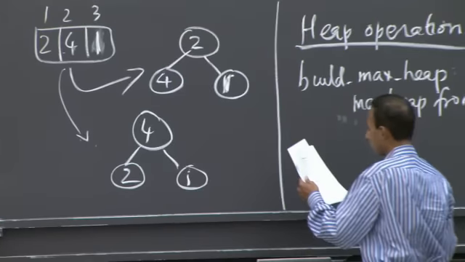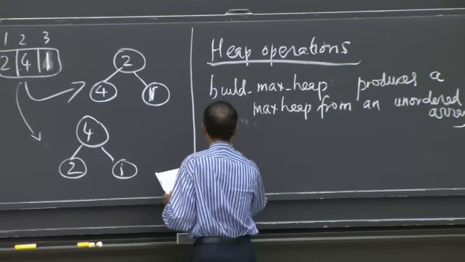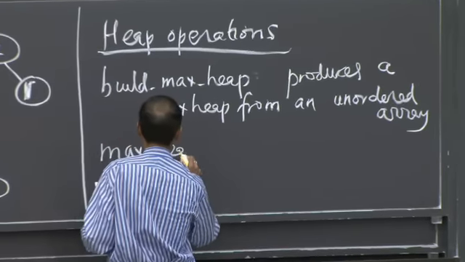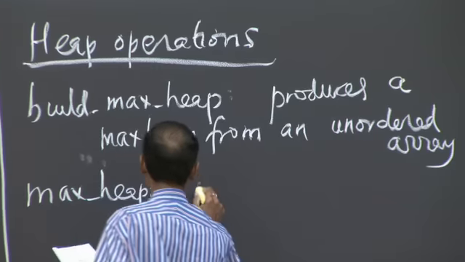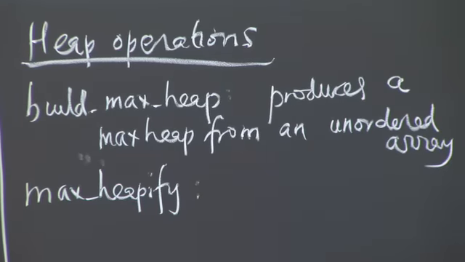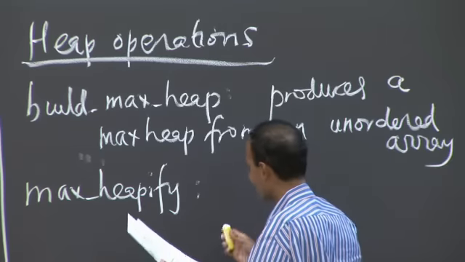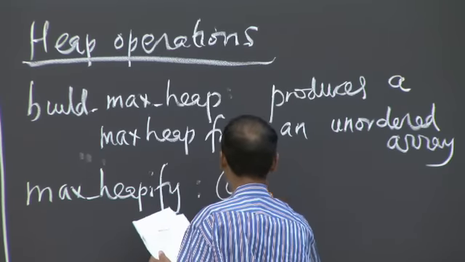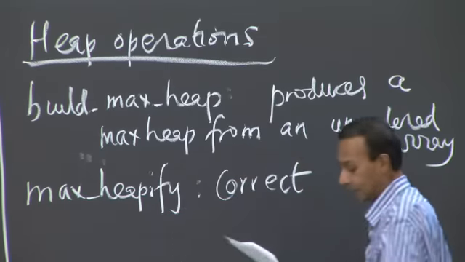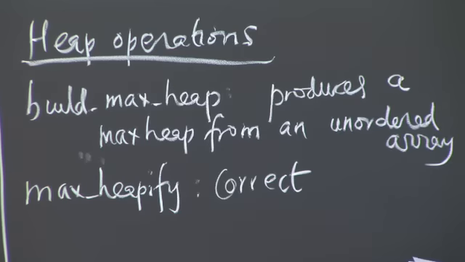In order to do build max heap, the first procedure that I'm going to describe to you is called Max-heapify, right? Heapify, right? Sounds a little strange, but I guess you can ify pretty much anything.